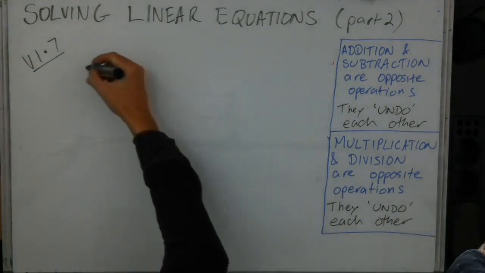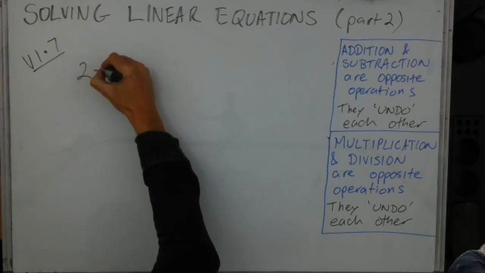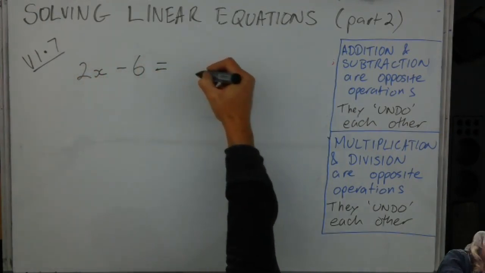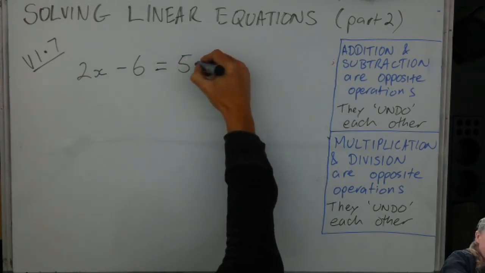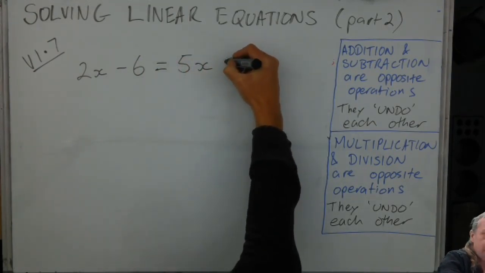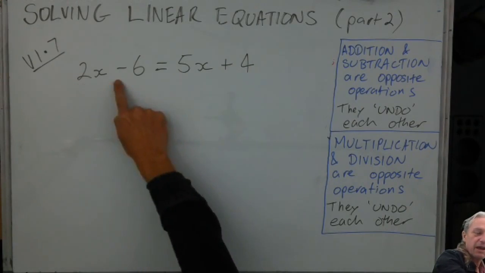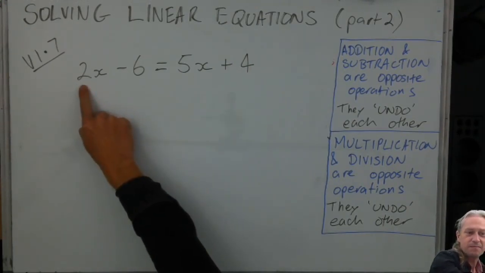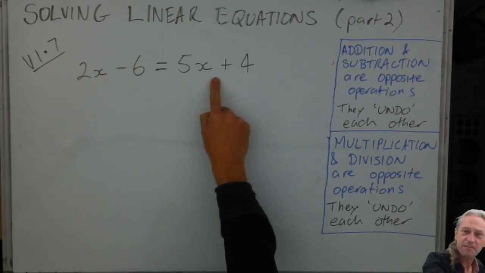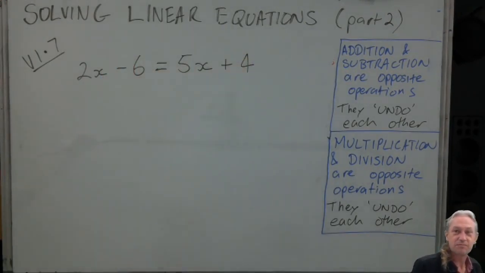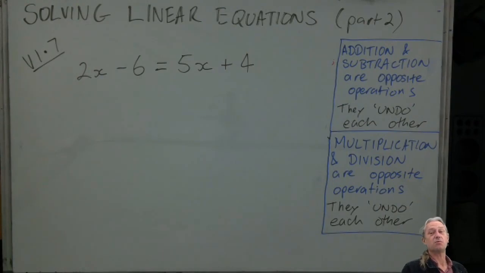So what we've got is 2x take away 6, and this equals 5x plus 4. Okay, so we've got some x's here, some x's there. We've also got just ordinary numbers on both sides of the equals.